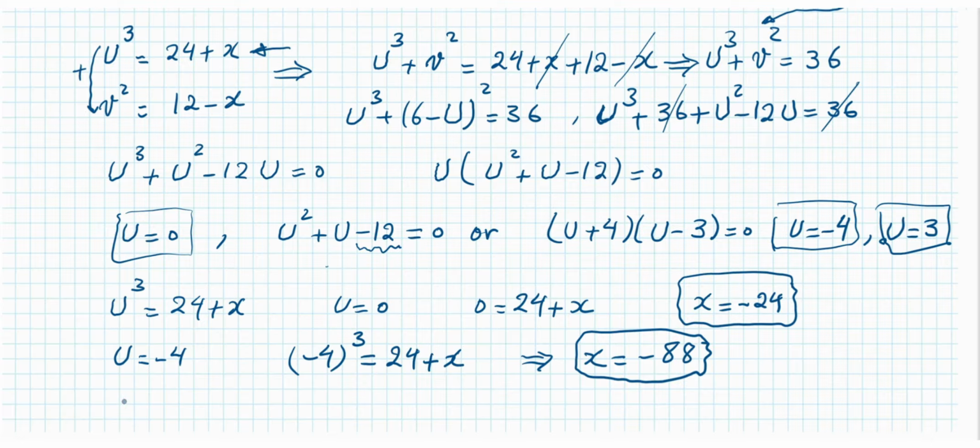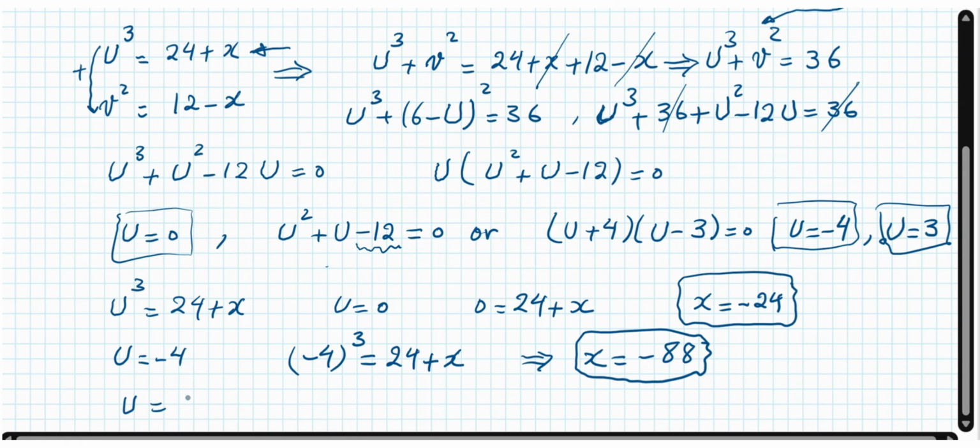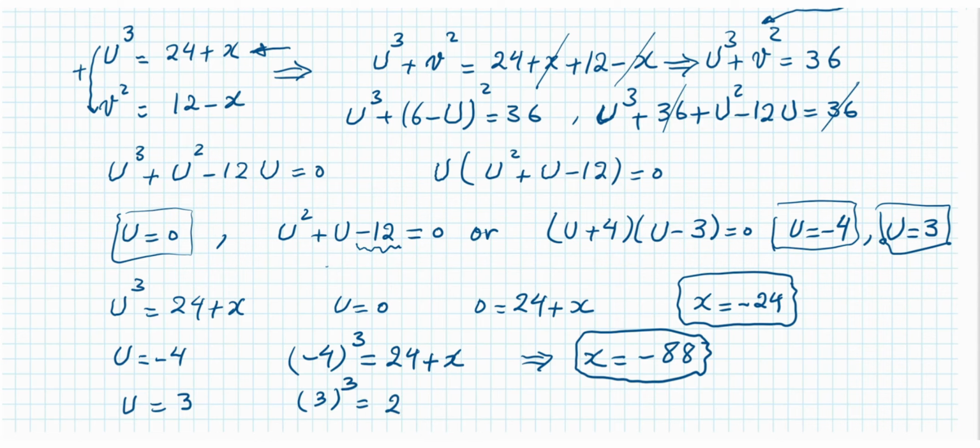And one more time, we set u as 3. So 3 to the power of 3 is 24 plus x. So 27 minus 24, x would be 3.